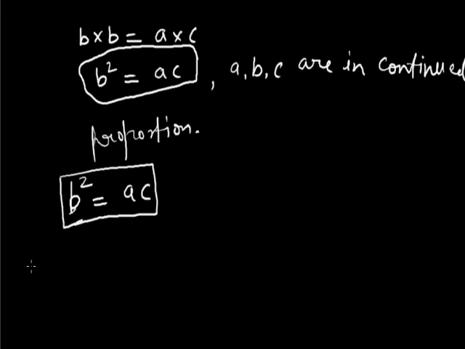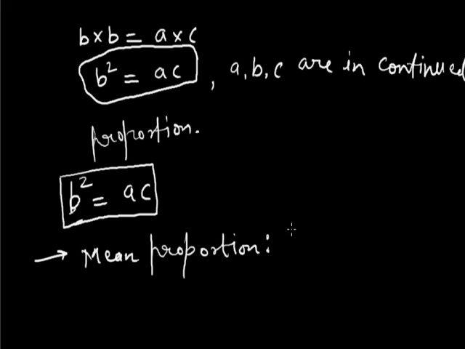Now the last concept of ratio and proportion is mean proportion. This concept is basically a derived concept of continued proportion.